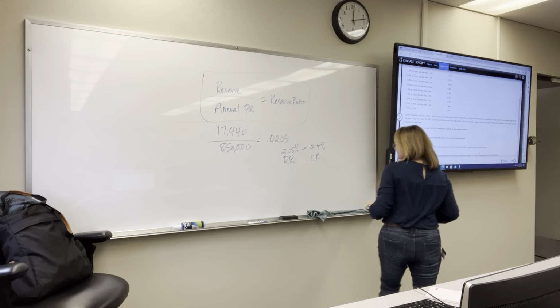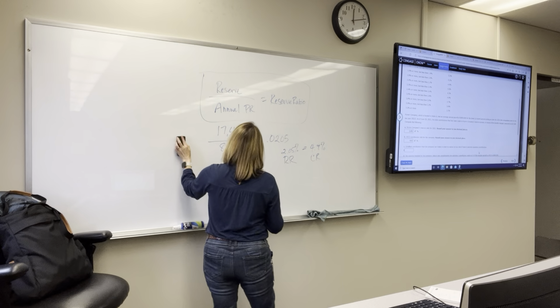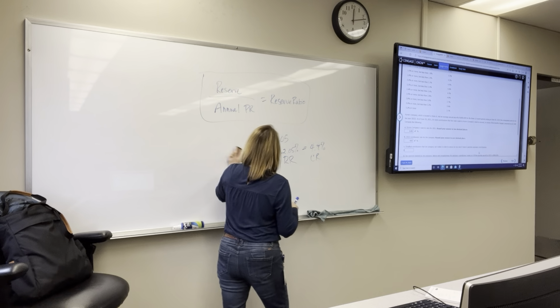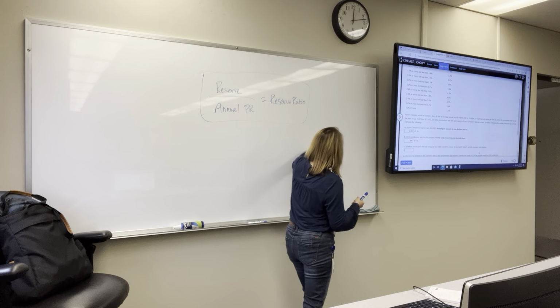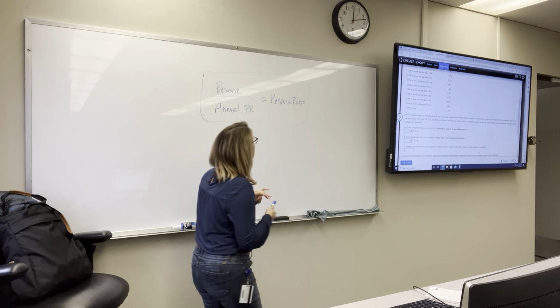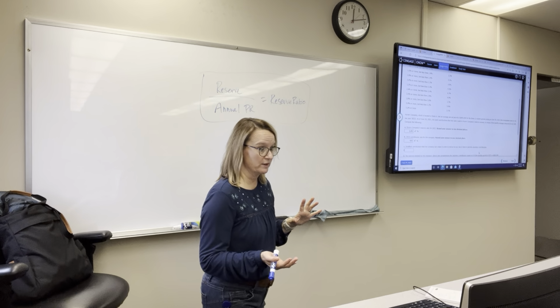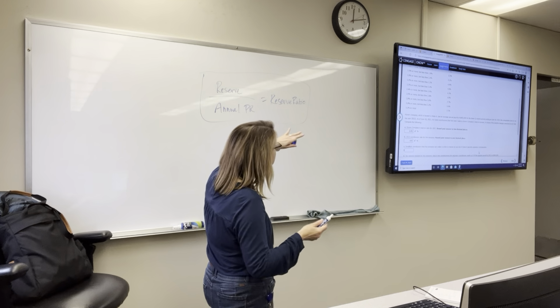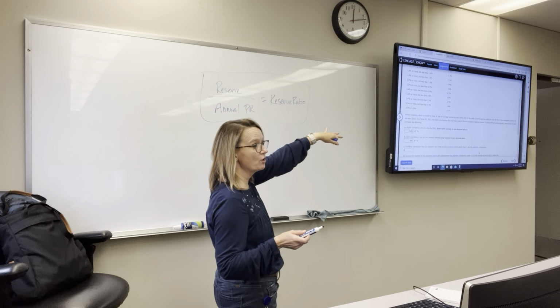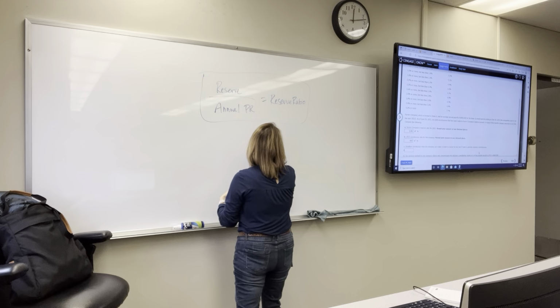So what we're going to do here to determine this, we can plug these numbers in to figure out what we want. So we want a reserve ratio of 2.2%.